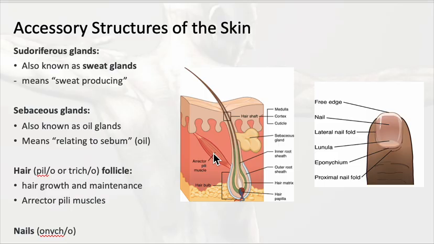they're called erector pili muscles. Erector pili muscles cause hair to stand up on end, or when we have goosebumps. This is evolutionarily involved in a thermostatic process as well.